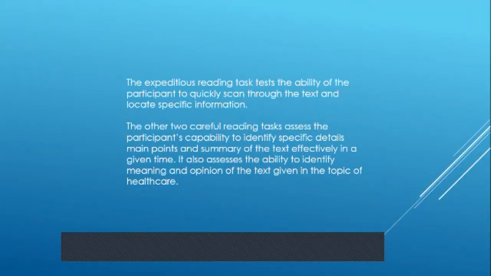And you'll be given 15 minutes. So you have 15 minutes to answer 20 questions, which means you might not even have 1 minute for one answer. What does it mean? It means that you have to be really, really quick. Expeditious means fast.